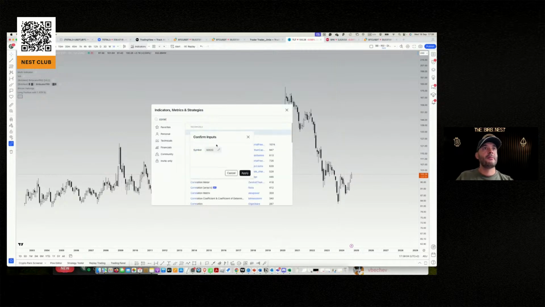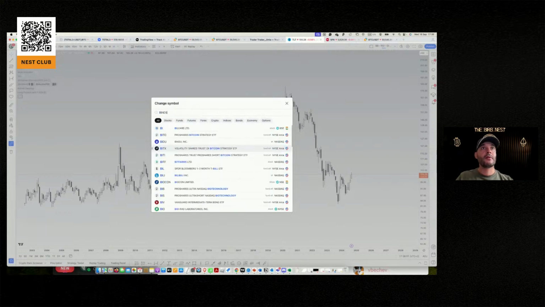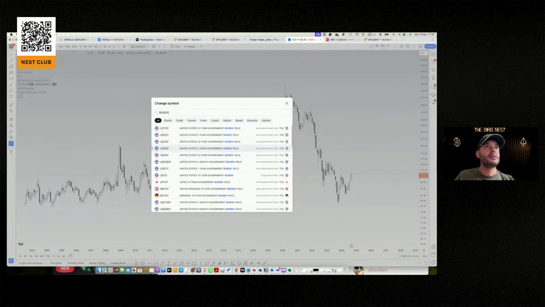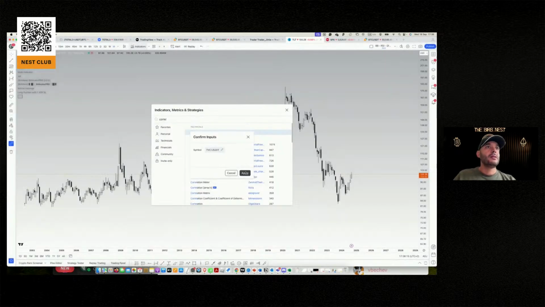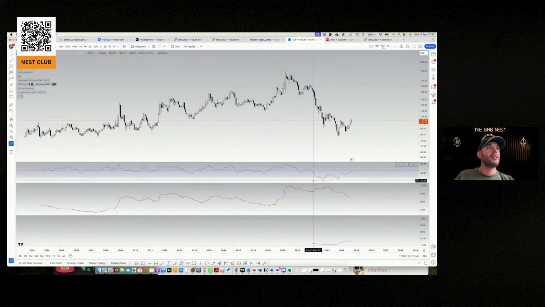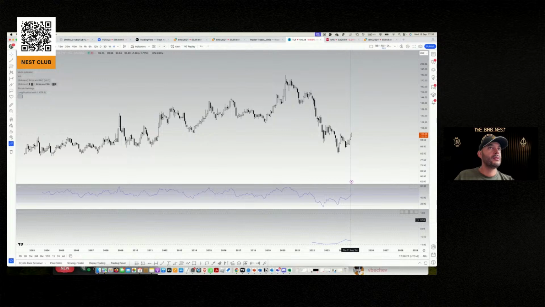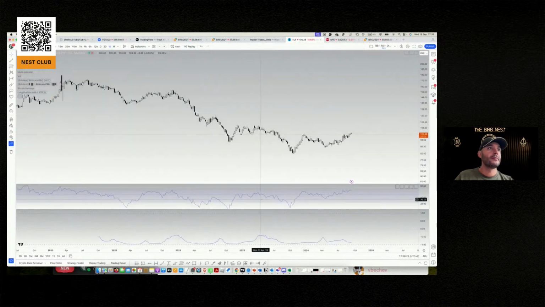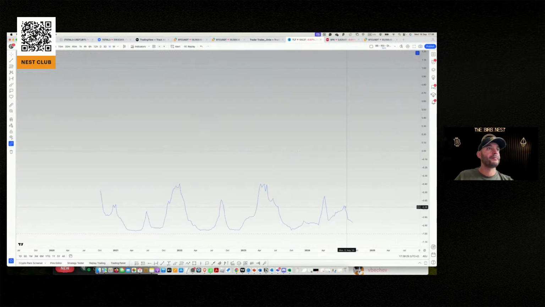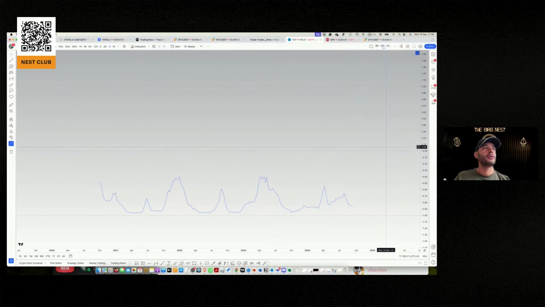Correlation coefficient. Bonds, 20 years, I said, right? Yeah, 20 years. So this is the correlation coefficient. Zero means no correlation. Plus one tells you there is a very strong correlation.